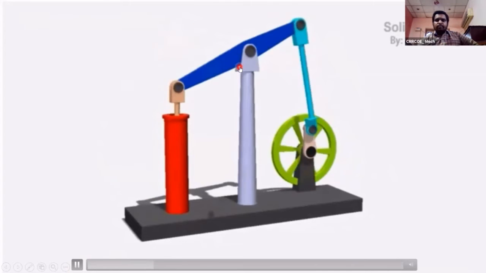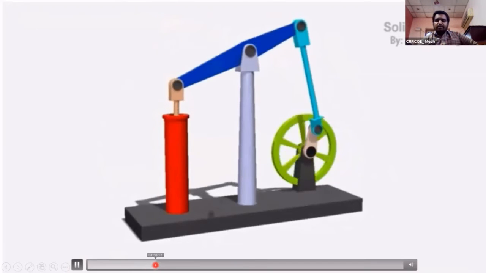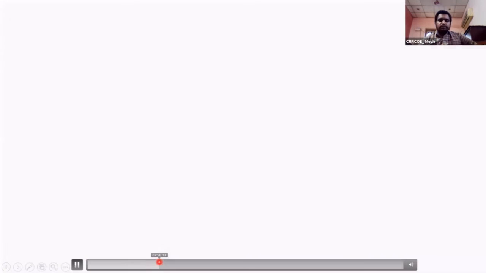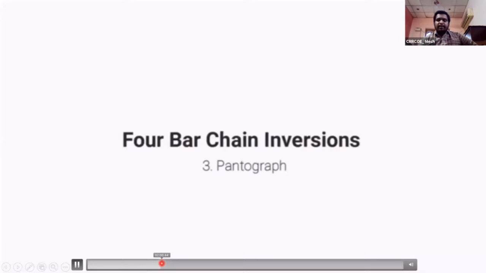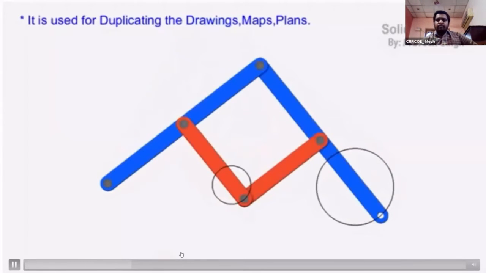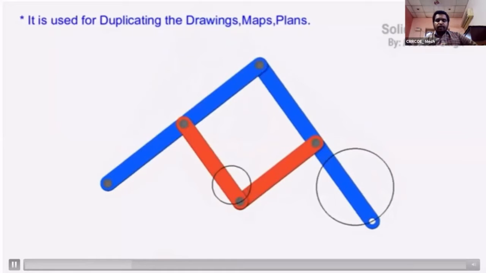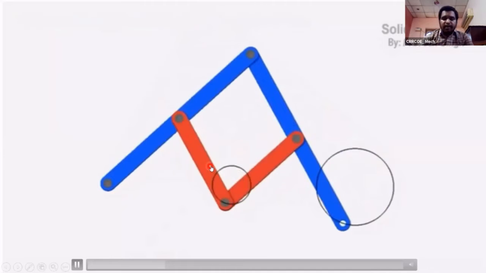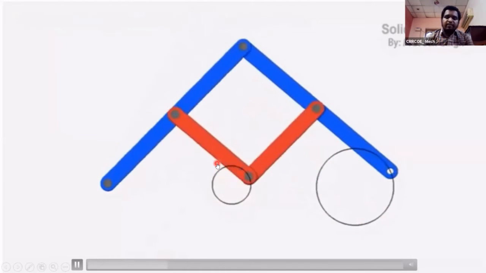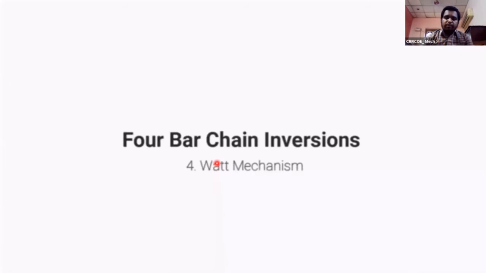The Watt engine is the best example for it. And the pantograph, used for producing similar drawings, is also a double lever mechanism and an inversion of the four-bar mechanism.